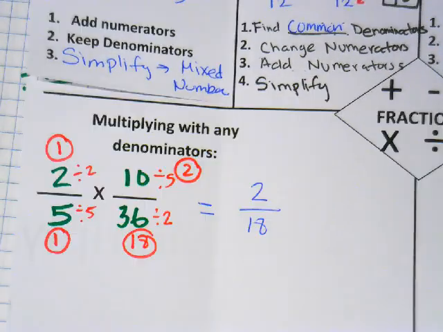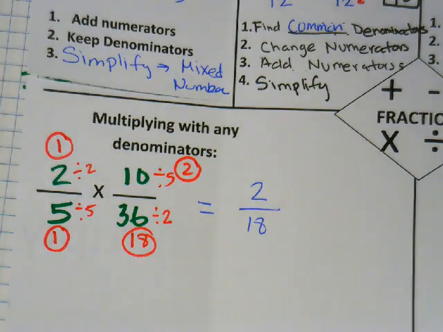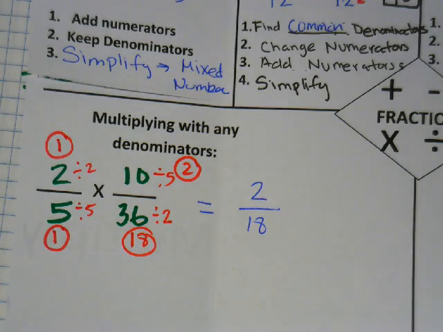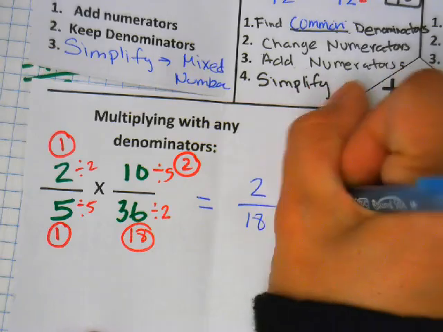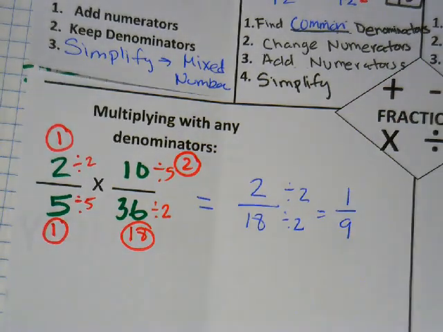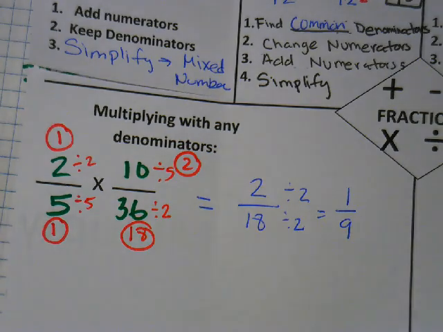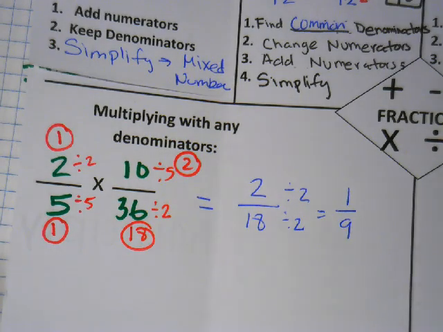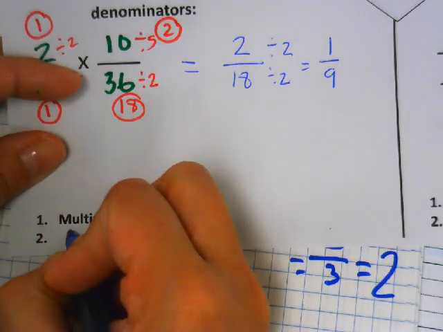Now sometimes, even though we simplified before, we have to simplify once more. Sometimes it happens. Doesn't happen all the time. 1/9 would be the final answer. That would get you all of the points on the test. Multiply straight across, and step 2 would be simplify.